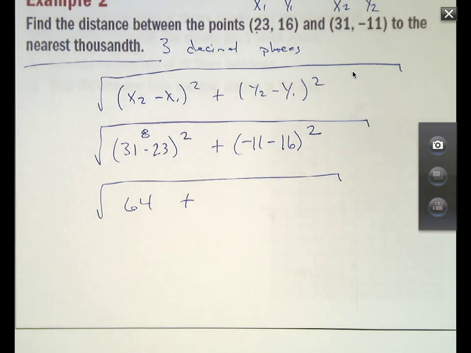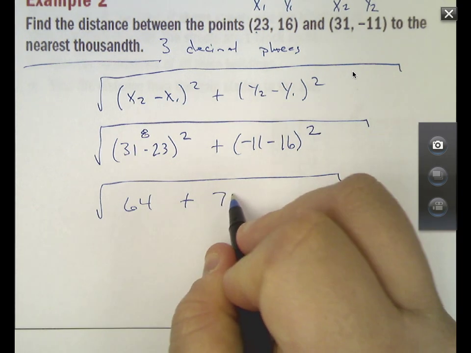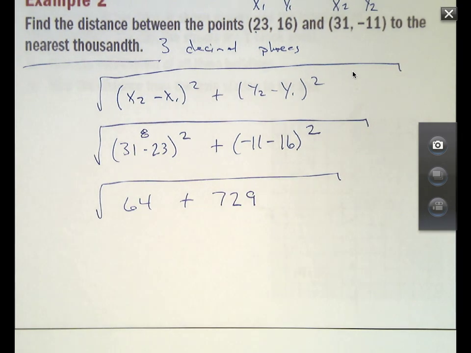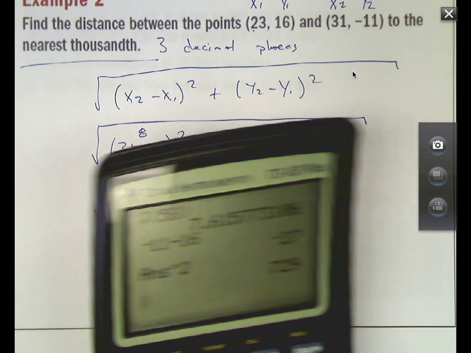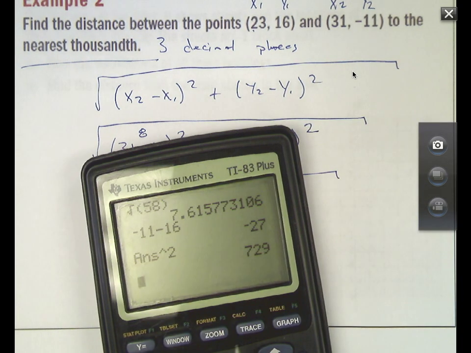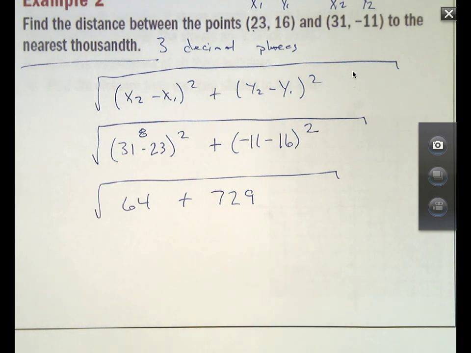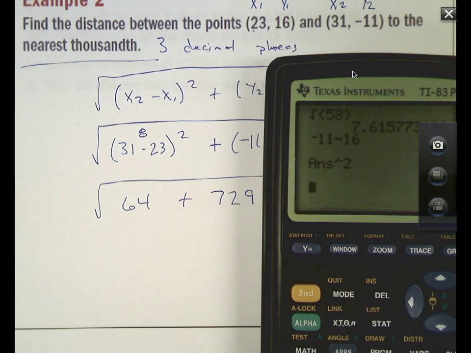Negative 11 minus 16 is negative 27. If I square that, it's going to give me 729. Okay, there's my math right there. Negative 11 minus 16, negative 27. Square it, 729, just for you to know.